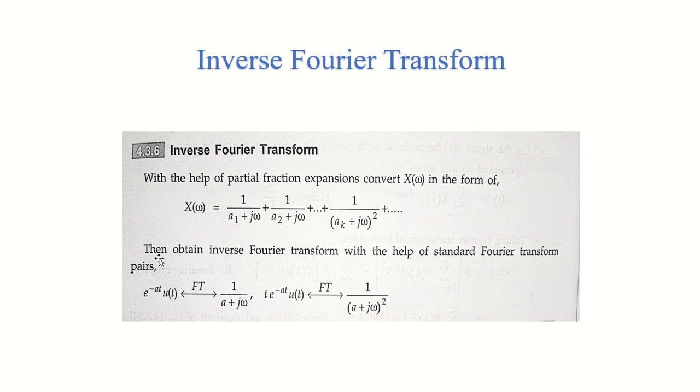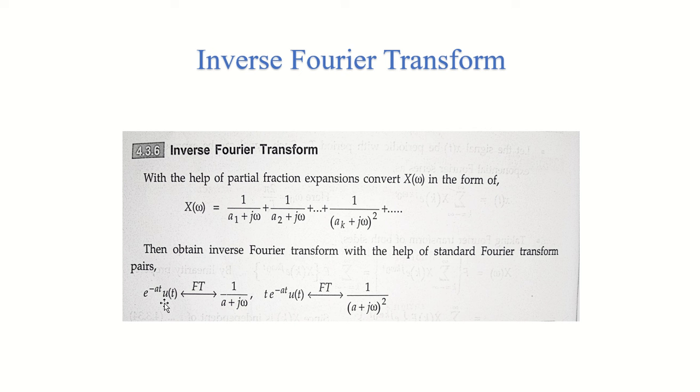This is my time domain signal and I'm converting it to the frequency domain. u(t) is my unit step signal, and we already know the Fourier transform of u(t); we discussed it yesterday. Now u(t) is multiplied with e^{-at}, so when we take the Fourier transform of this term, we get 1/(a + jω).